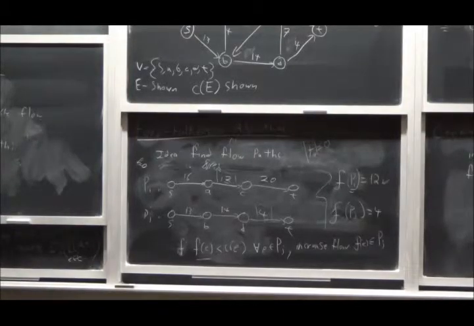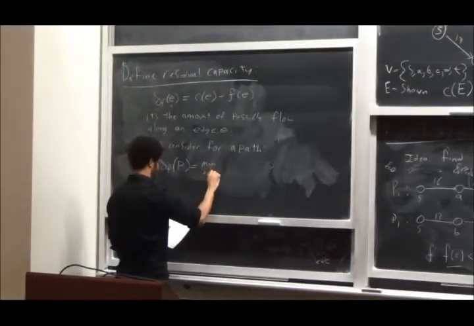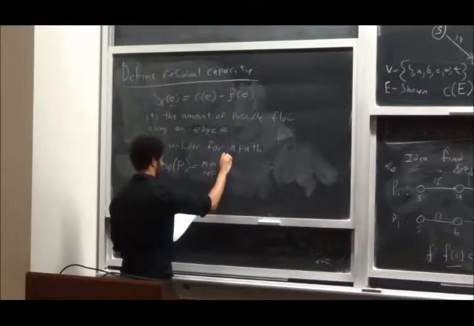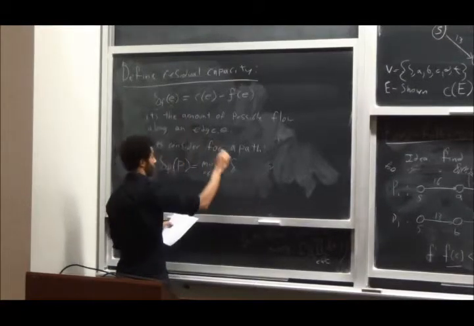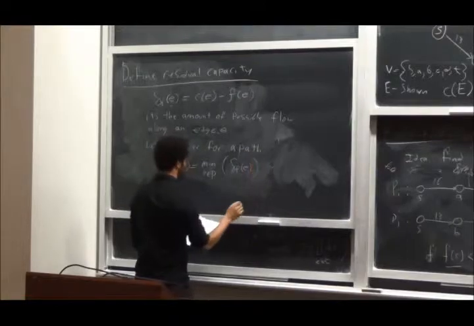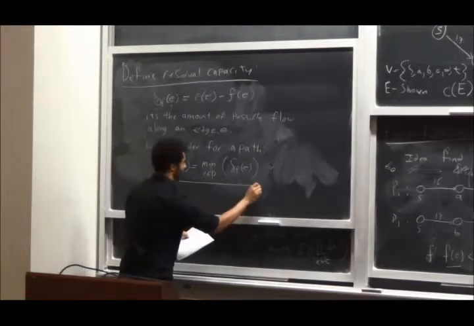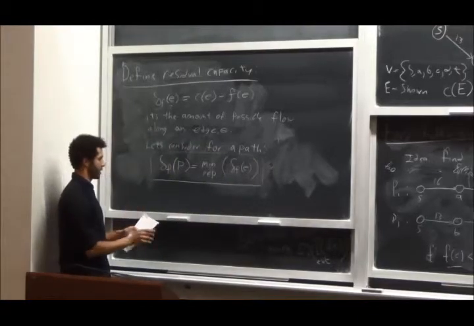And in general, it's going to be equal to the minimum edge in P of this function, just the residual capacity. So that's useful to think about. We already kind of knew it intuitively, but this is where we're going to start to set up a little bit of notation to talk about these ideas.